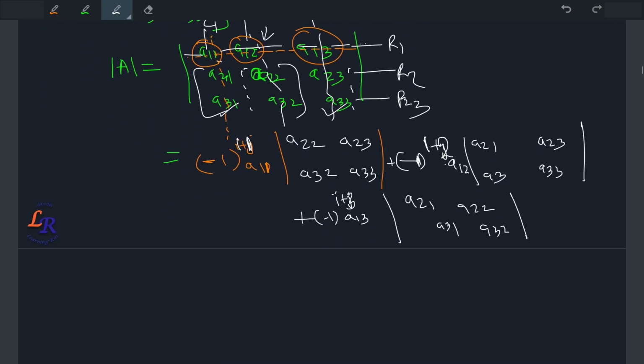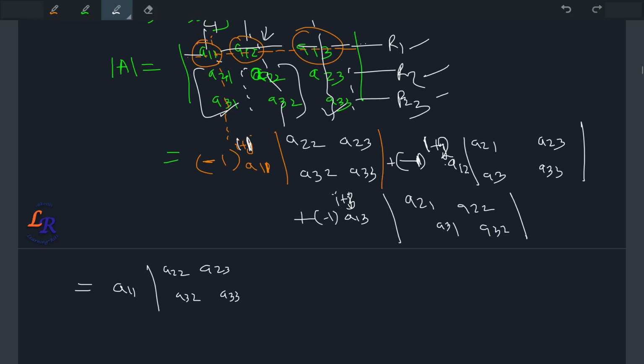For example, instead of expanding with respect to row 1, I can do it with row 2 also, or row 3 also. But before that, let's expand the value and see what value we are getting. Here it will be -1 to the power 2, which is a square, so it will be written as A11 times the determinant A22, A23, A32, A33.